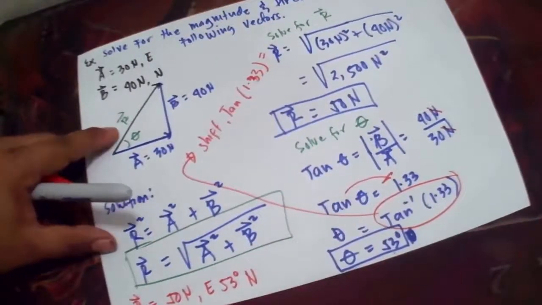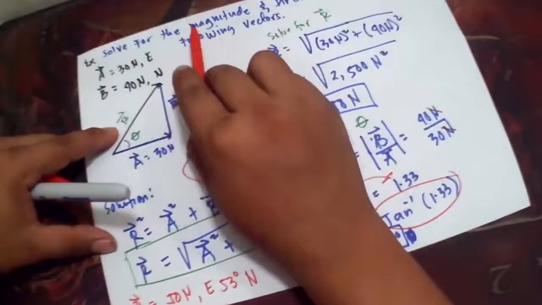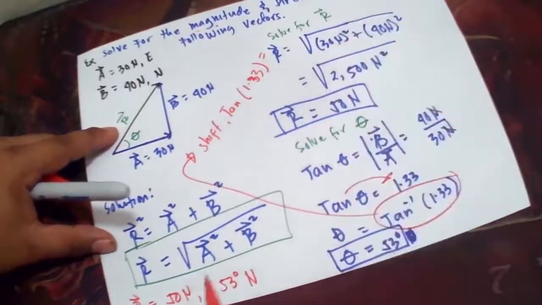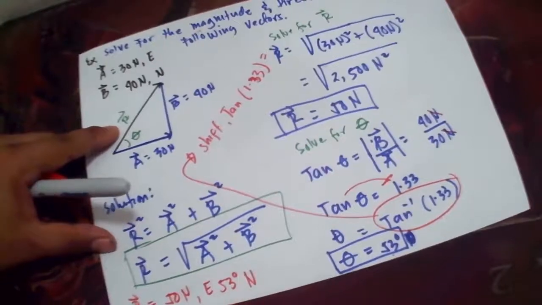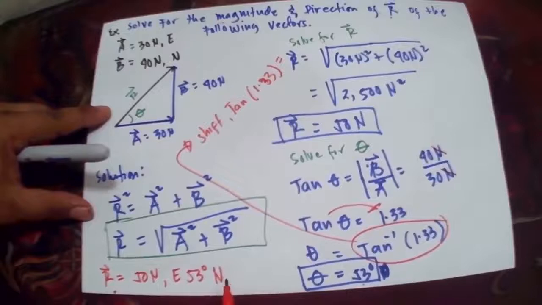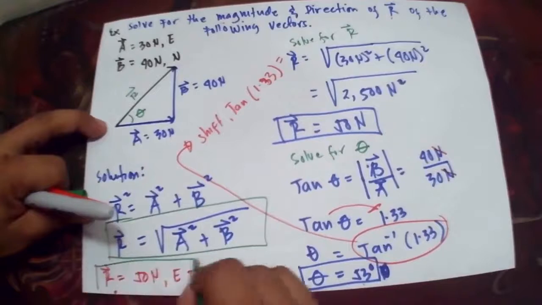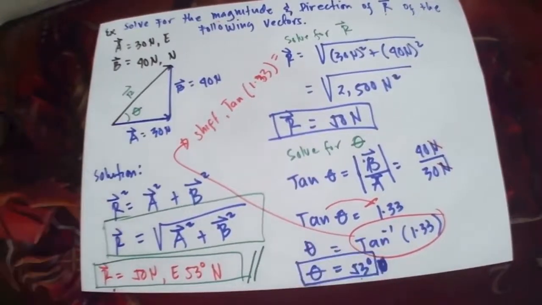So to answer this question here, the magnitude and direction of the resultant vector is equals to 50 newtons, 53 degrees north. So 50 newtons is 53 degrees north. That would be our answer. So this is our final answer.